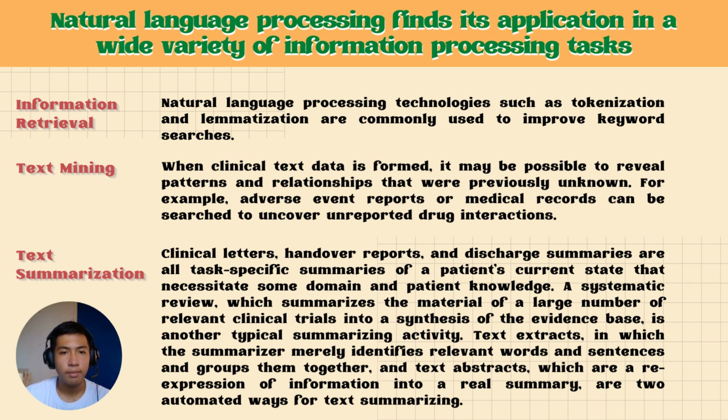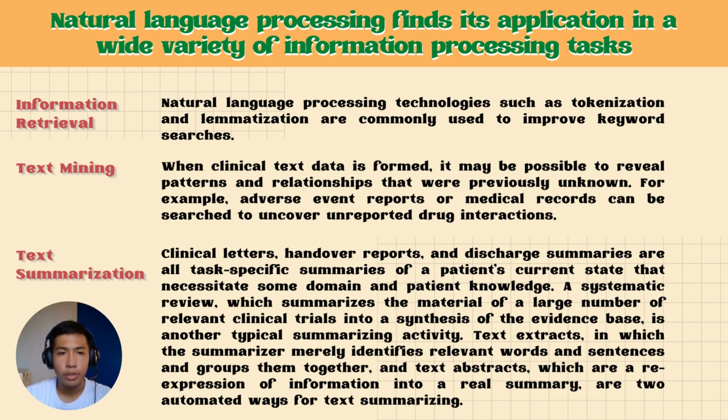In text summarization, there are a number of tasks for which the contents of multiple texts need to be understood and compressed in some way into a summary. Clinical letters, handover reports, and discharge summaries are all specific summaries of a patient's current state that necessitate some domain and patient knowledge.